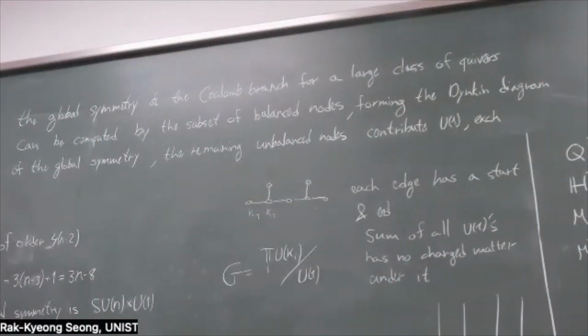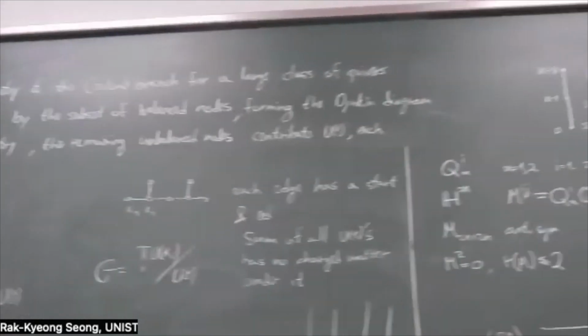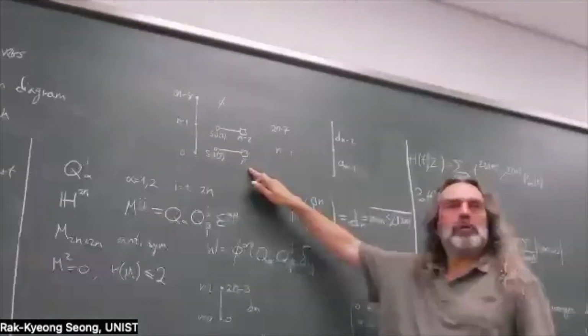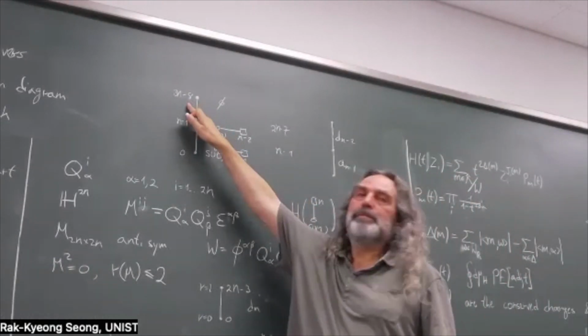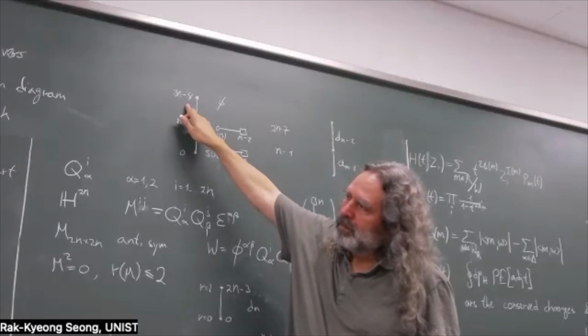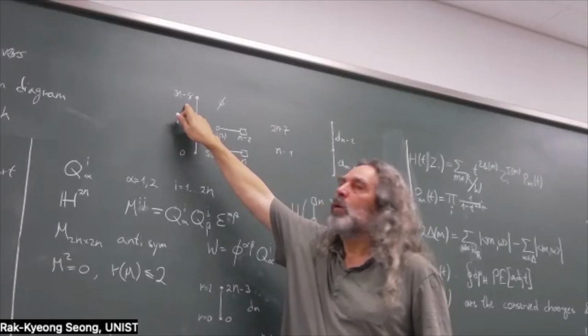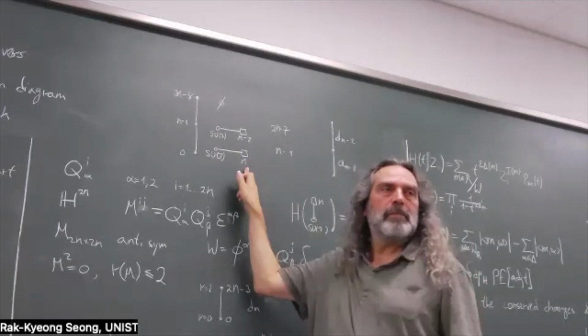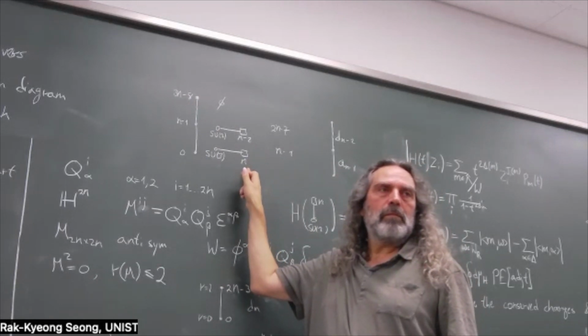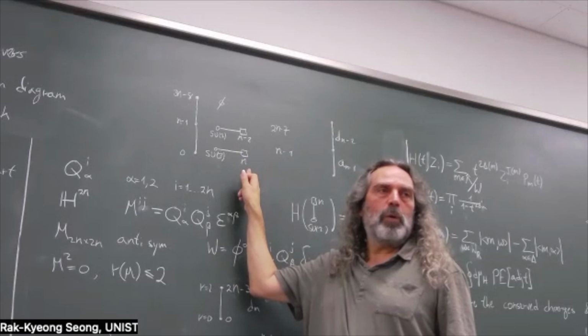Now let's look at the Higgs branch of SU3 with n flavors. What's the dimension? It's 3n minus 8. What's the global symmetry? UN times U1, times U1, right? There is a baryon number.